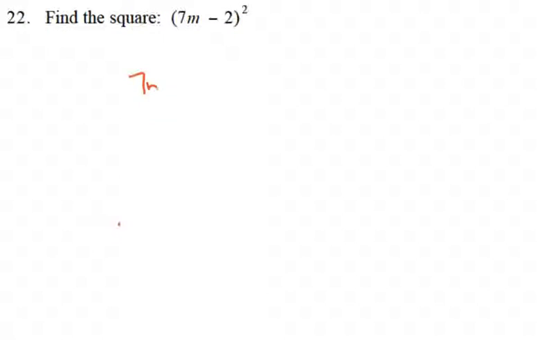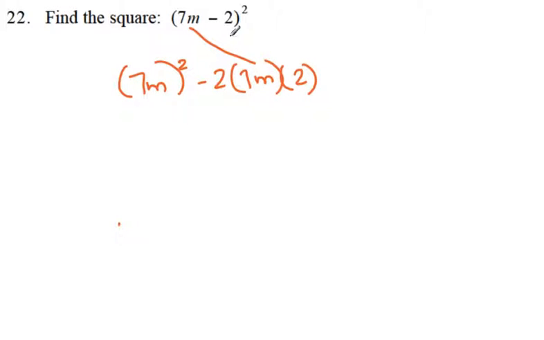So that's going to be 7m squared minus 2 times 7m times 2, because this is your A, this is your B, right? And then we have plus 2 squared, because that one is always going to be positive.